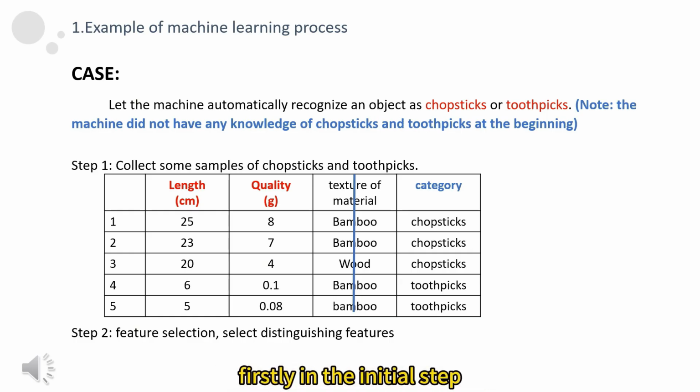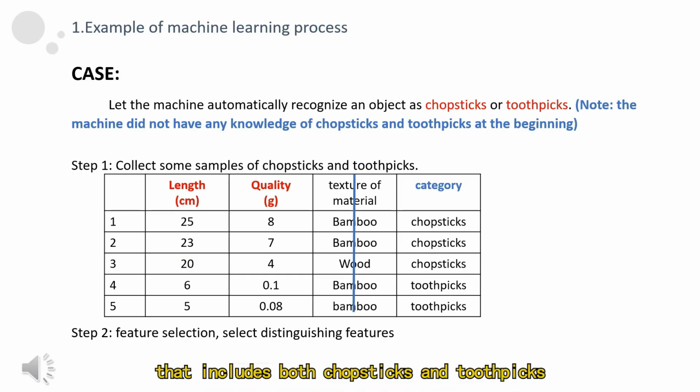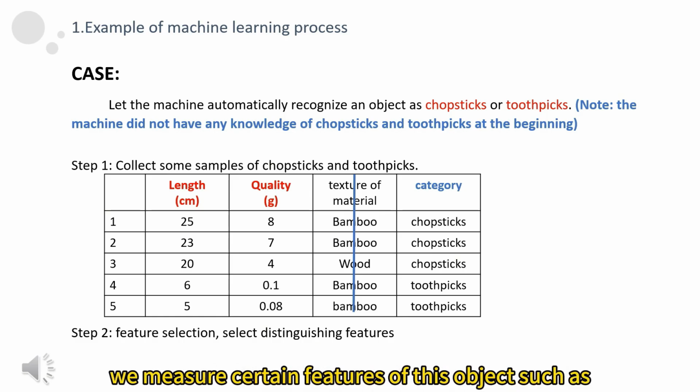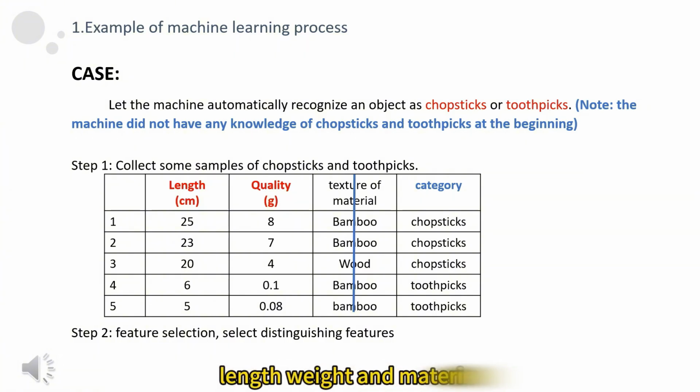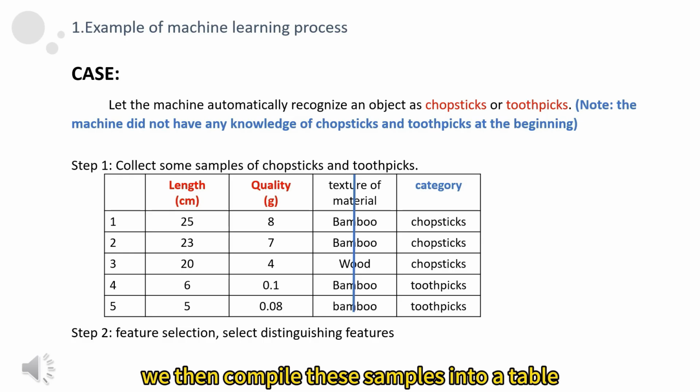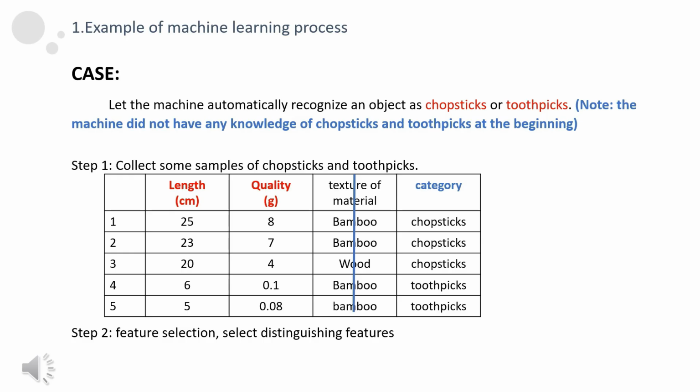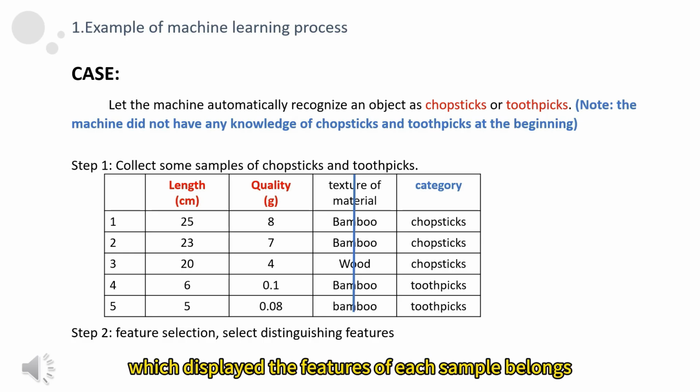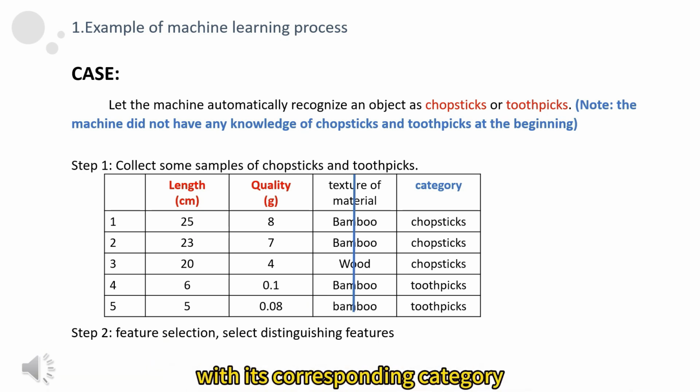Firstly, in the initial step, we gather a set of samples that includes both chopsticks and toothpicks. We measure certain features of these objects such as length, weight, and material. We then put these samples into a table, which displays the features of each sample along with its corresponding category.